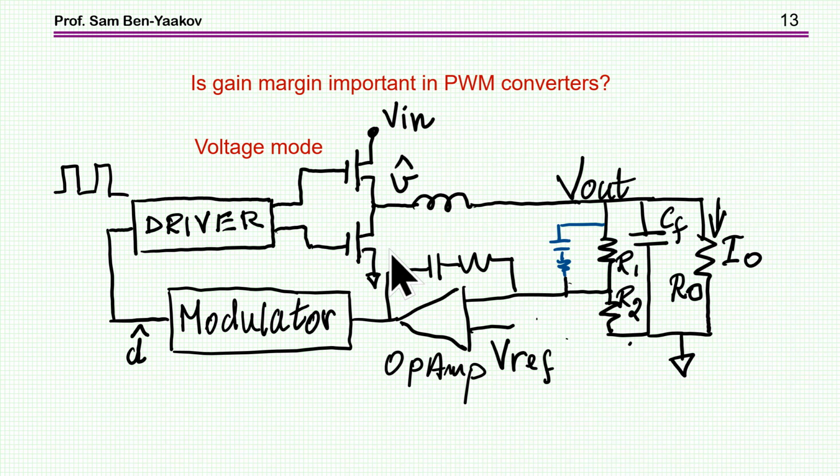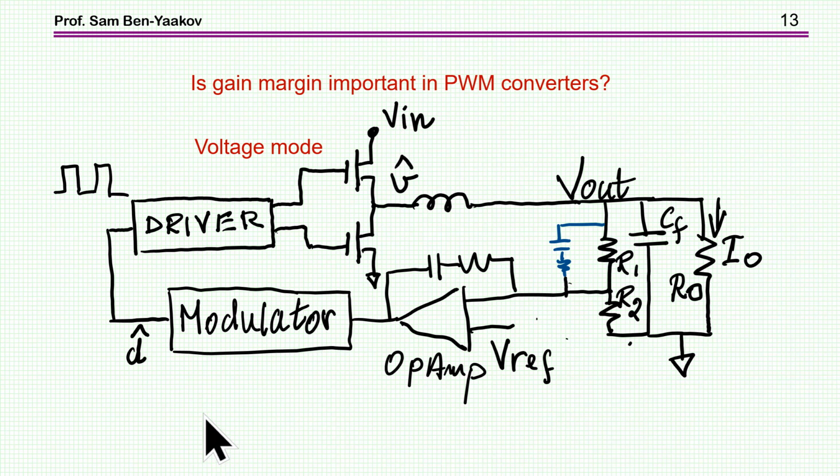Now, in this case, if we are looking at the small signal response, small d, the perturbation in the duty cycle, and its effect on the output, and I'm talking about the average signal, of course, not the PWM switching signals, obviously this response is a function of the input voltage, because this response is in fact the small signal duty cycle times Vin.